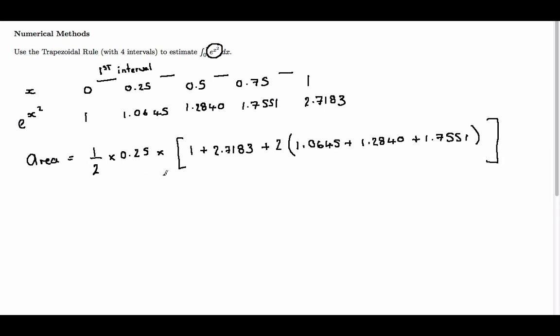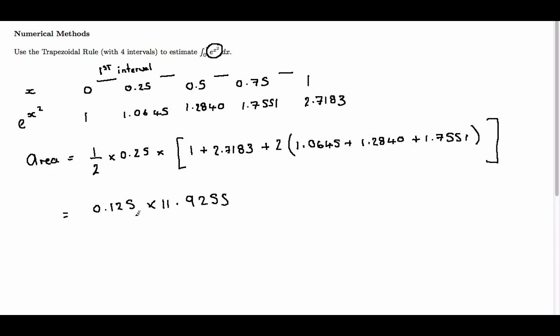So all we need to do is work out the value of this to give us an approximation of the area here. So we have a half times 0.25, which is 0.125. Then adding all of this together, we get 11.9255.